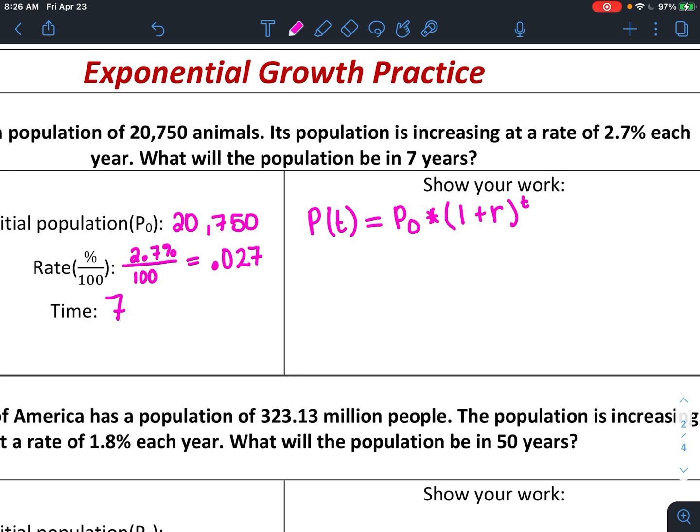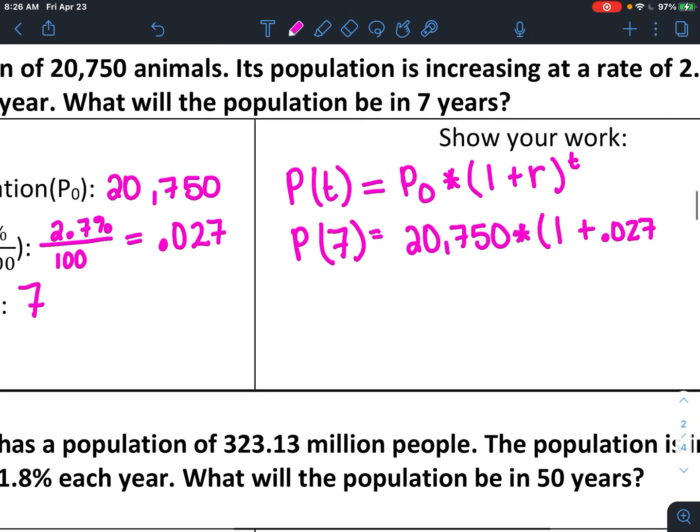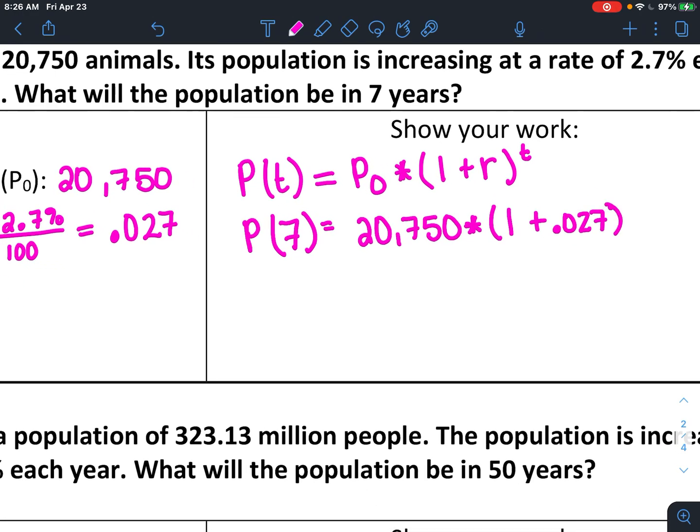I haven't plugged my numbers in. Okay. Now, P of 7, what is our population going to be in 7 years? Equals the initial population times 1 plus my rate that I found as the percent divided by 100 to the power of t, which is 7 for 7 years.